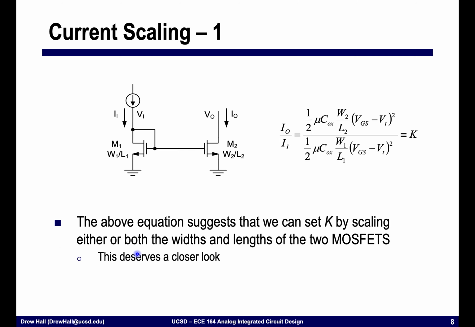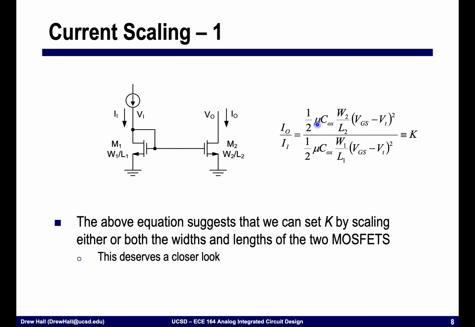All right, so coming back to this circuit, and again, now I'm going to add an extra degree of freedom. Instead of calling them both W over L, I'm now going to label this W1 over L1, this one W2 over L2. And so when I take the ratio of these two currents, I out divided by I in, we're still going to get cancellation of this VGS minus VT term on both sides.